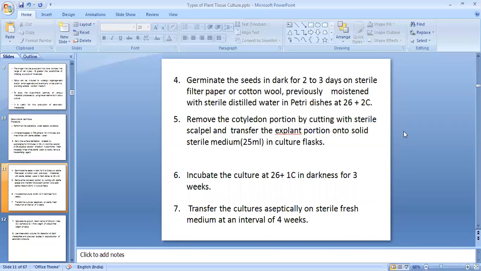The temperature should be maintained at 26 degrees centigrade plus or minus 2. And once the germination has come out from the seeds, the cotyledons are removed carefully by cutting with a sterile scalpel, and the explant portion is transferred onto a solid sterile medium in the culture flask.